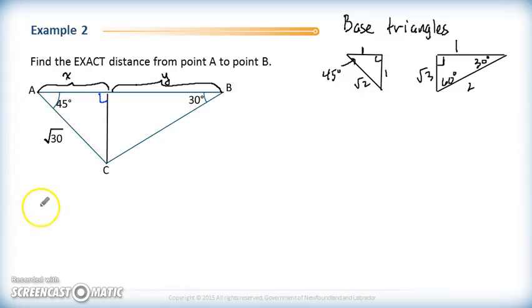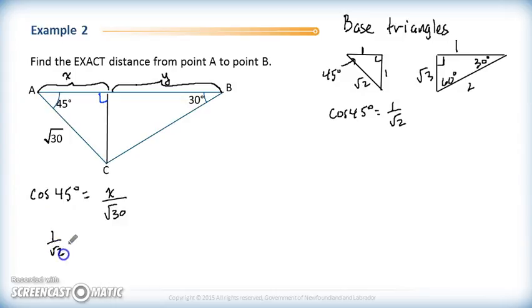For our 45, 45, 90 triangle here, I'll choose cosine because x is my adjacent side. So it's x over root 30. And from my base triangle, the cosine of 45 degrees is 1 over root 2. So I've got 1 over root 2 equals x over root 30.